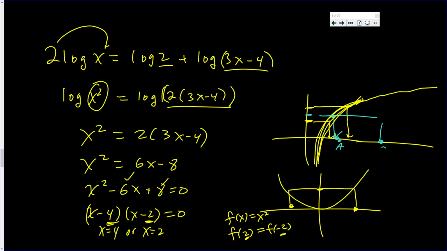You have to be careful. When x is 4, this would be 4, that would be 2, and this will be 12 minus 4, which is 8. It'll be positive. So 4 stays. What about 2? Well, this will be 2, and this will be 2, and this will be 6 minus 4, which is also 2. Which makes sense.